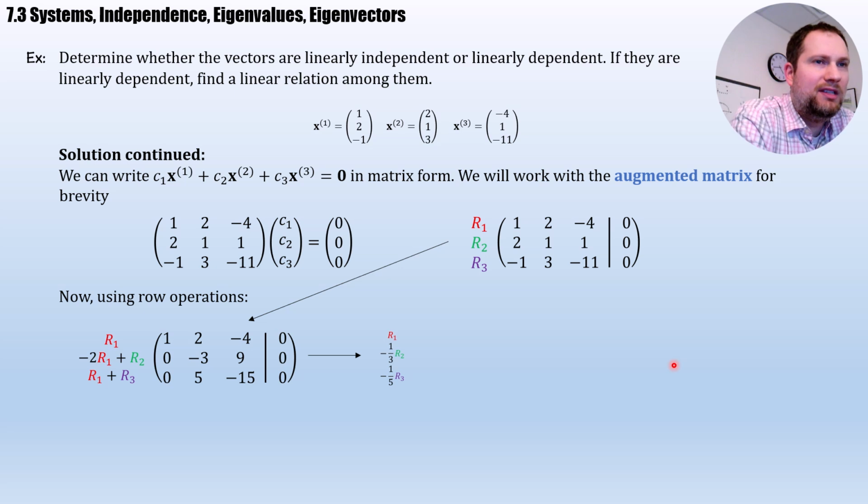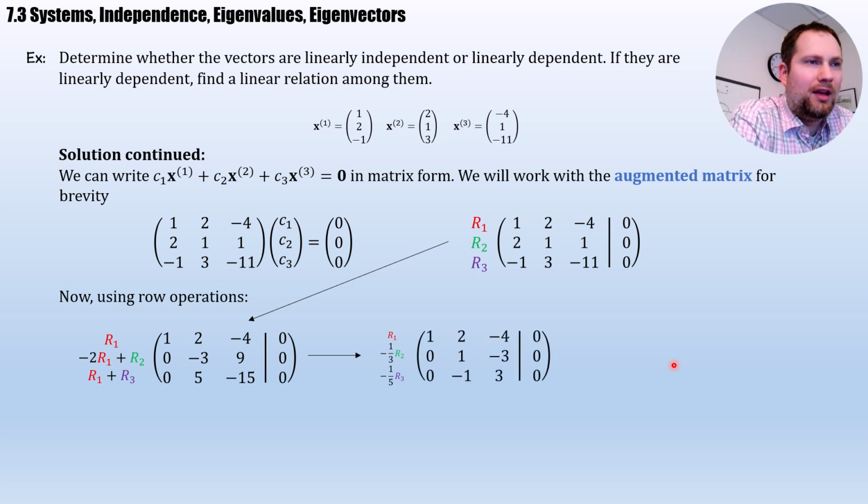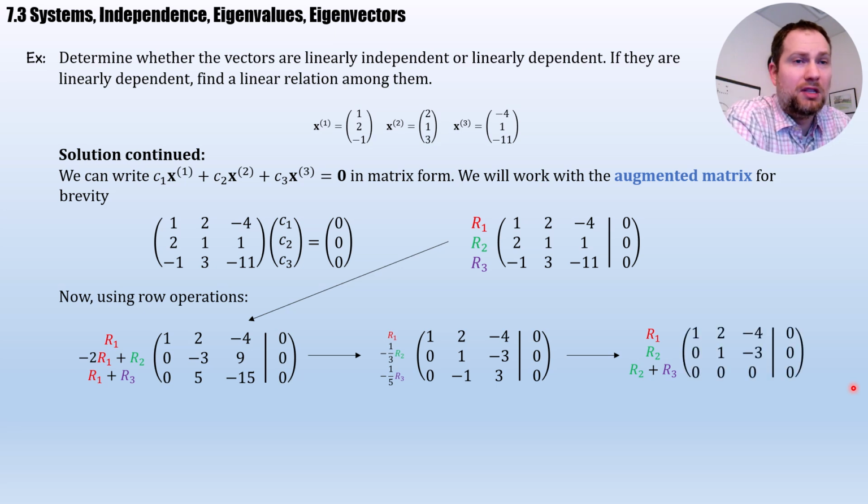Notice that I can just divide through by -3 and -5. Ideally what I want is really just a 1 here. I should have maybe left it as a 1. But either way, now you can easily see I can just add those together to get zeros in the last row.